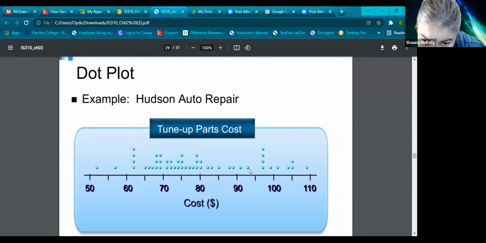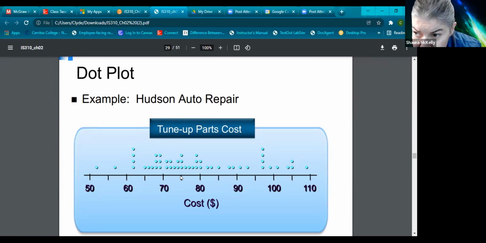Okay, now we're going to go to a dot plot of the same data. Here she just did 50, this is 55, 60, 65, 70. And each of these light blue dots on this blue background is a data point.